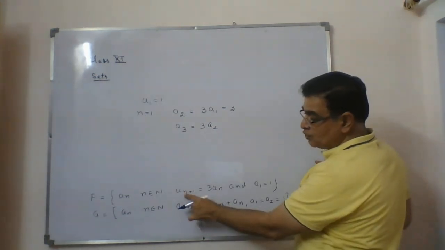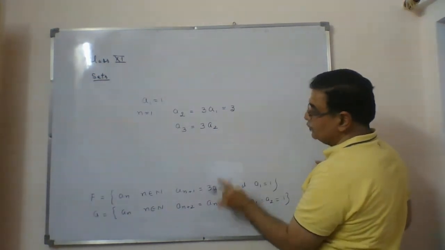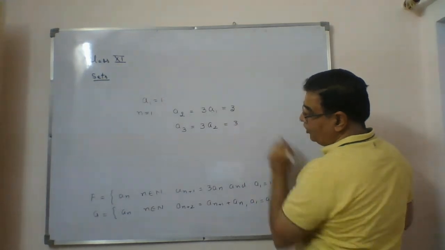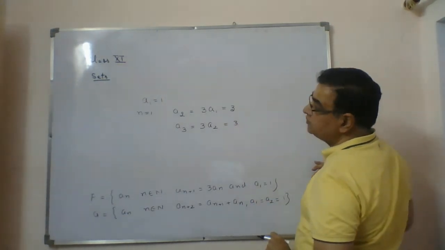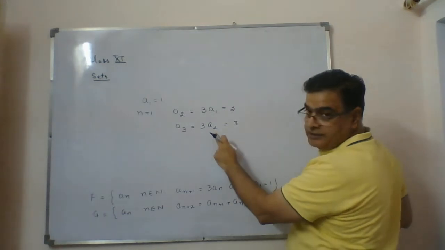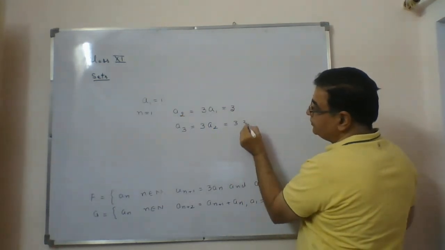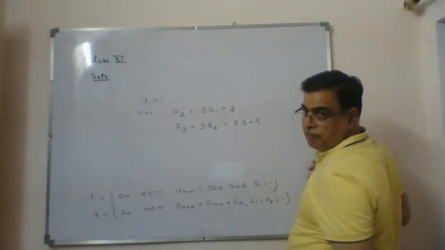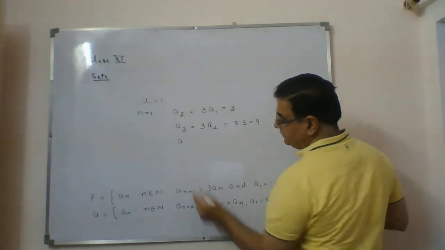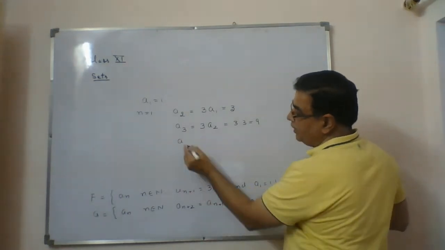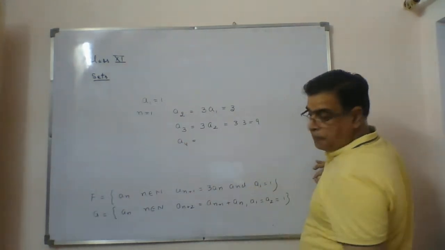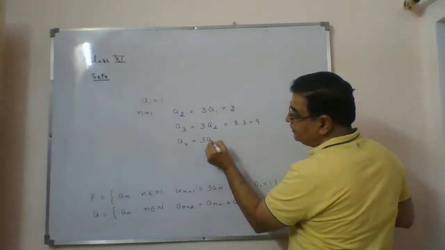n we are taking 2, so 2 plus 1 is 3, and this is 2. Then what will it be? Thrice of a2. What is a2? Already known, 3, so it will come out to be 9. Then we go for n is 3, so it will be 3 plus 1, so a4. Then it comes 3a3.